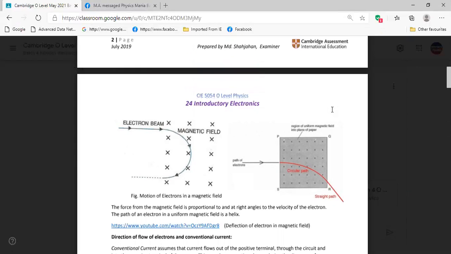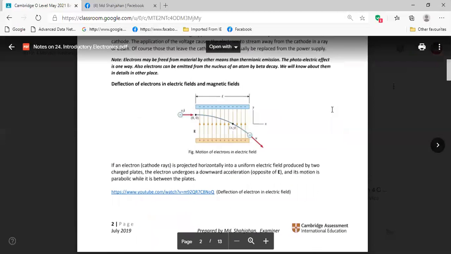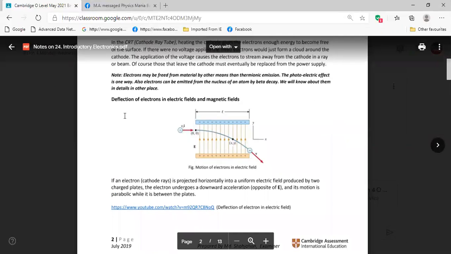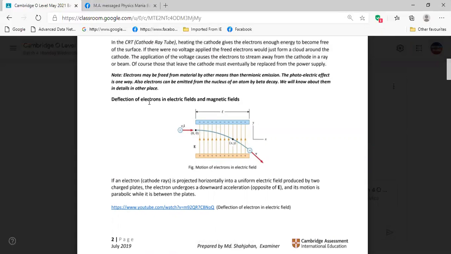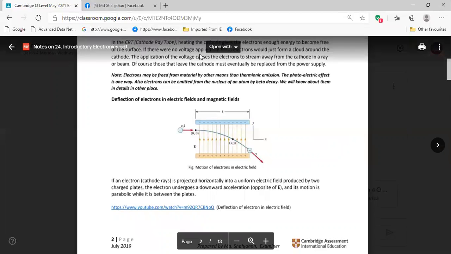So now you draw this, write this heading. Deflection of electrons in electric field. Only this part you write. Then you draw this diagram. You don't need to draw like the book one.